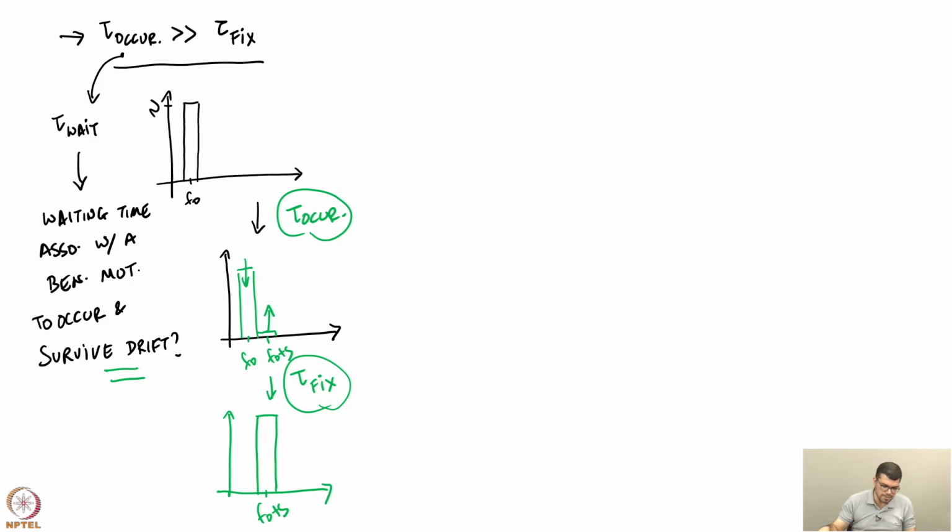After this, we are back to square one, because now we are waiting for the next beneficial mutation, which is going to be dictated by tau wait, but we know that tau wait is actually very long. So, again I have to wait a long time for this beneficial mutation to take place.